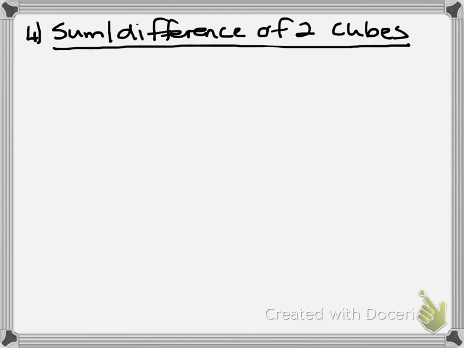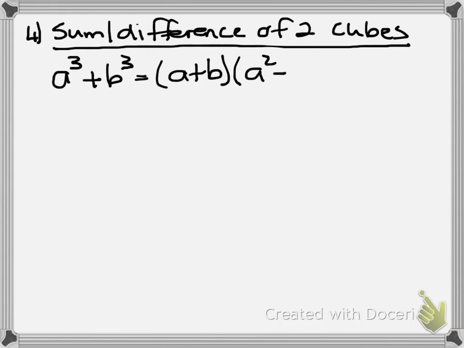Now the formula, and I'll give you these two formulas. A cubed plus b cubed is a plus b times a squared minus ab plus b squared. And this is the difference between two cubes, and then I'll show you how we're going to apply this.